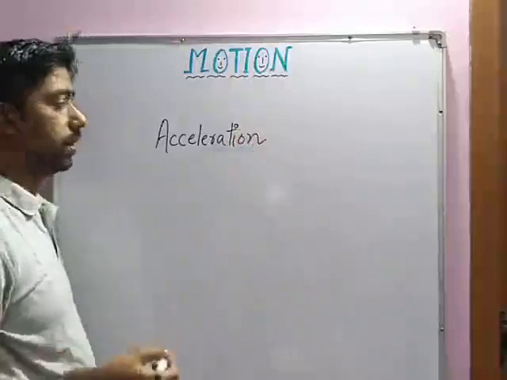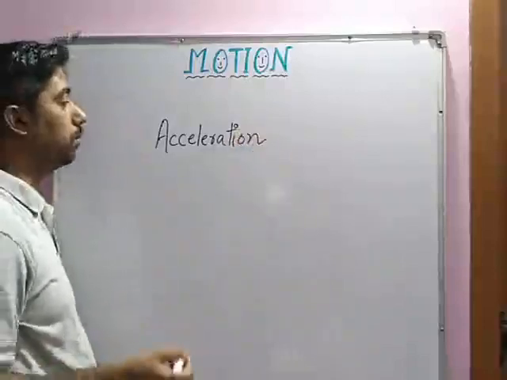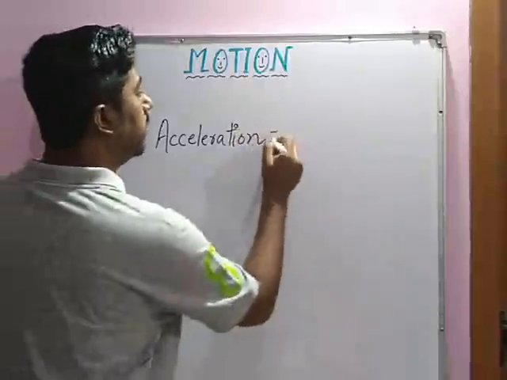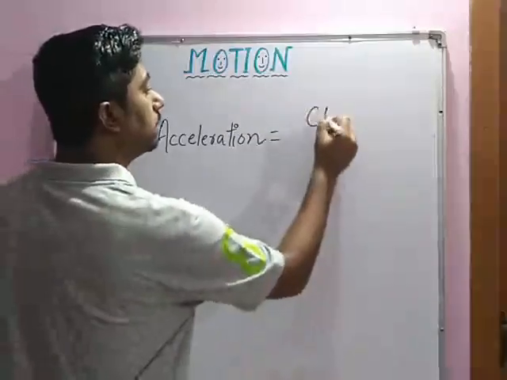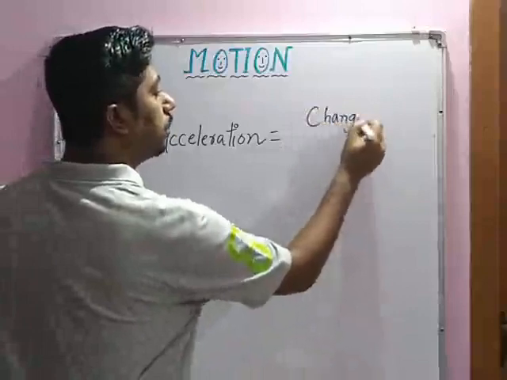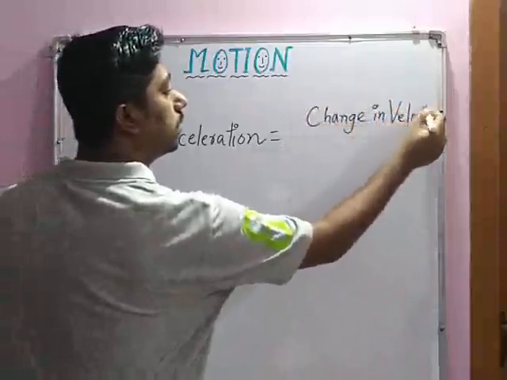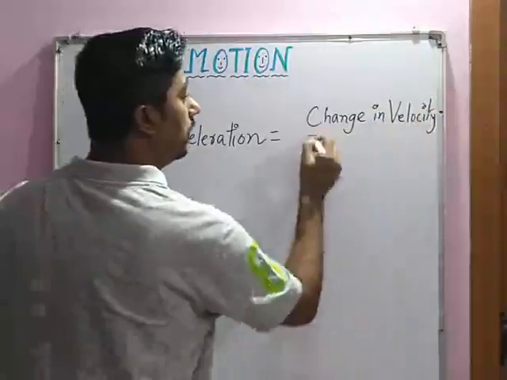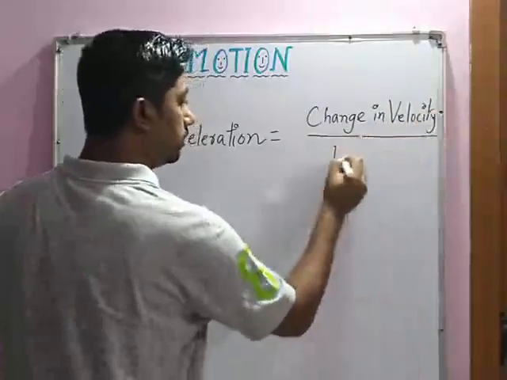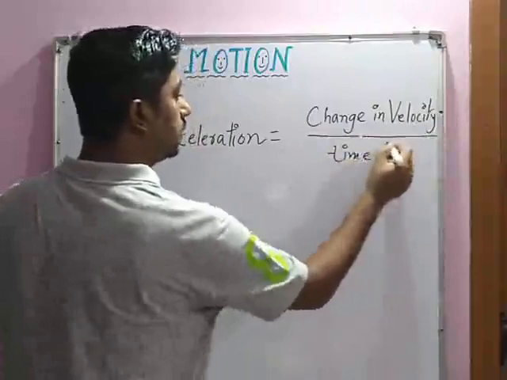of a moving body in non-uniform motion is defined as change in velocity of the body divided by the time taken.